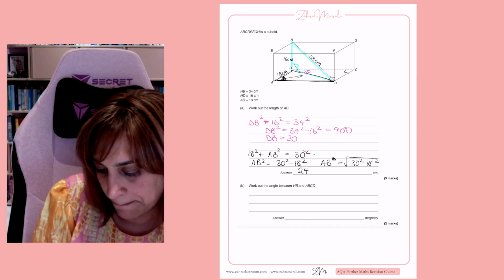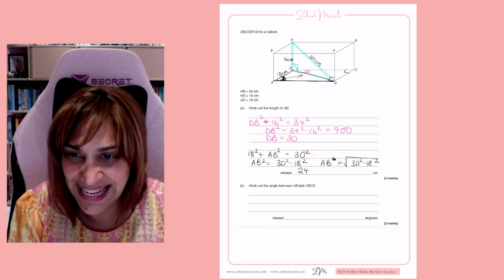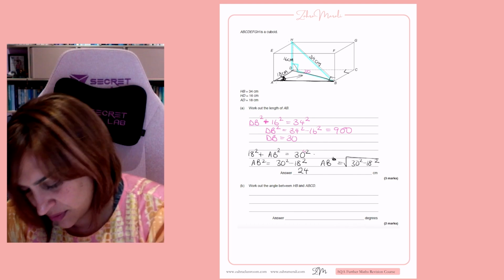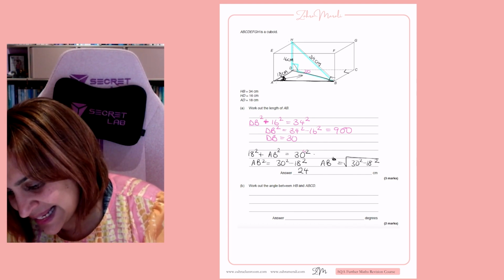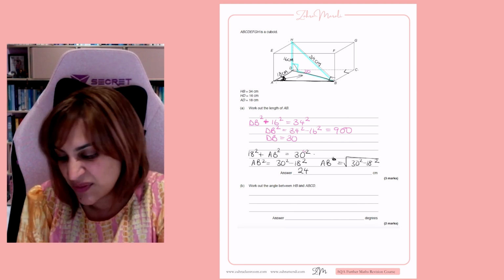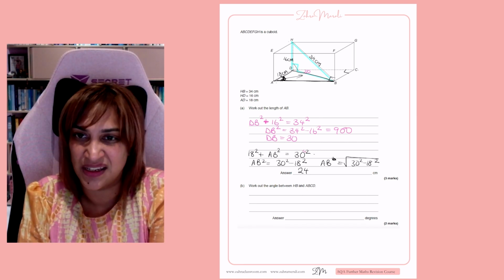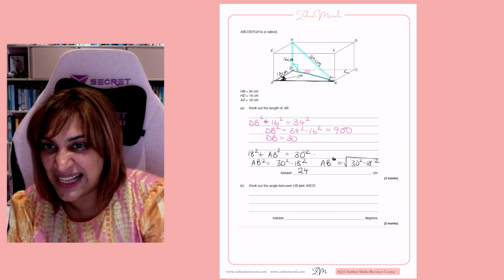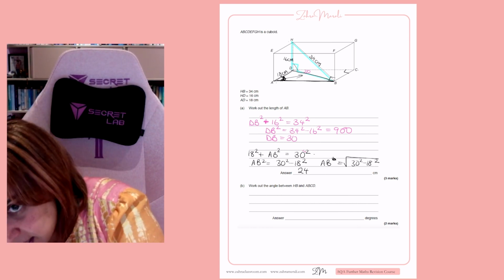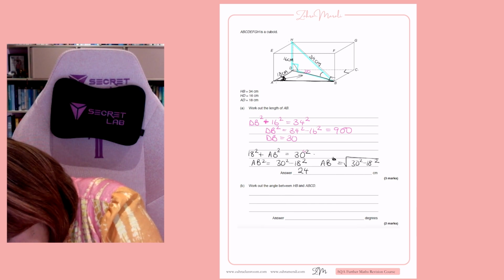Right, next one. We're going to work out the angle between HB, which is drawn there, and ABCD. The nice thing is they've drawn you the triangle, essentially. So the angle that you're looking for is this angle over here.